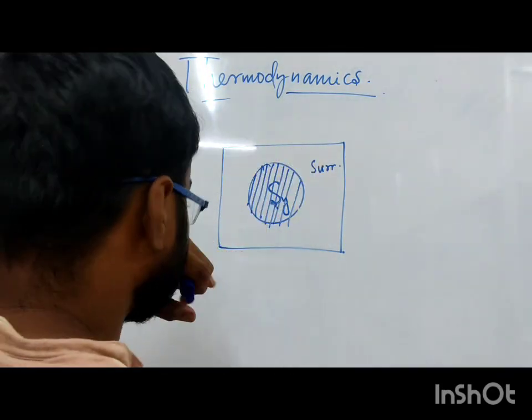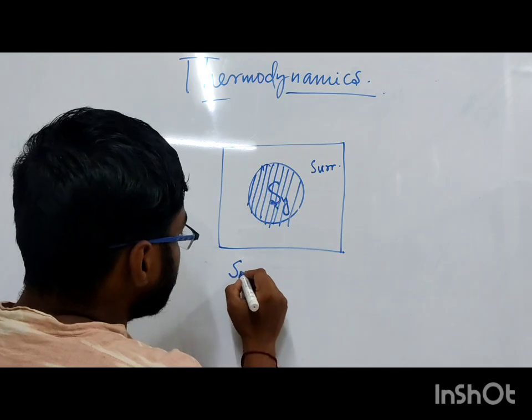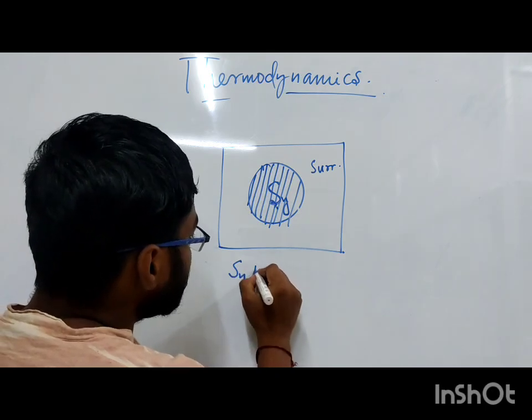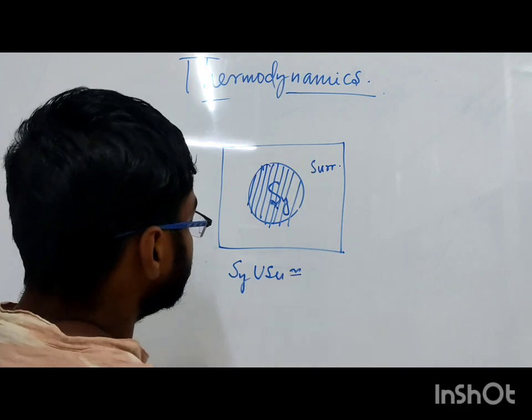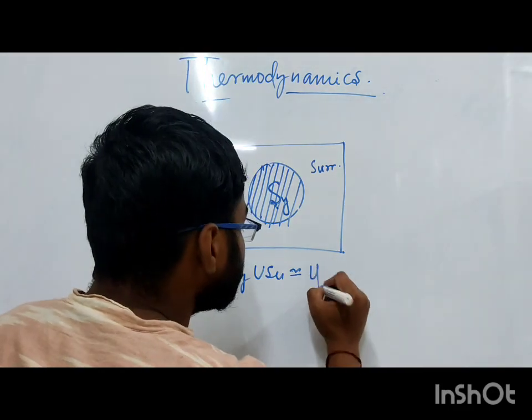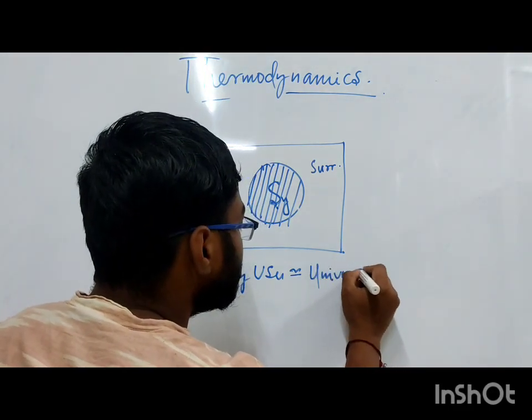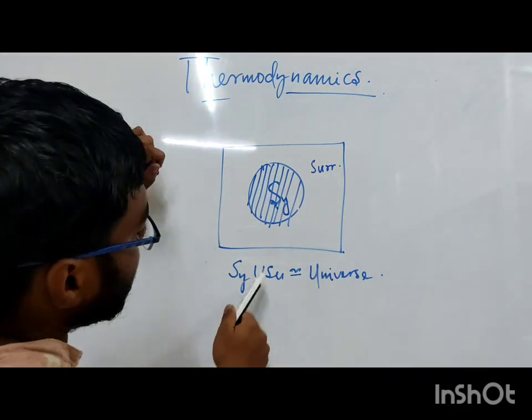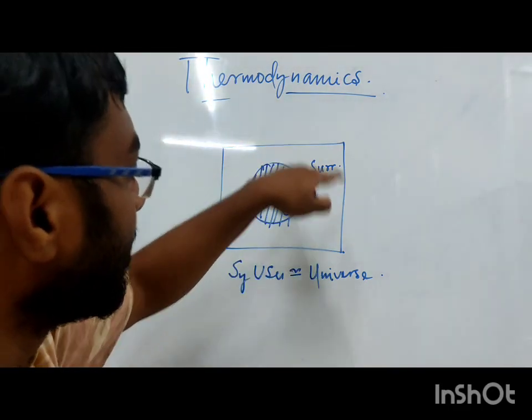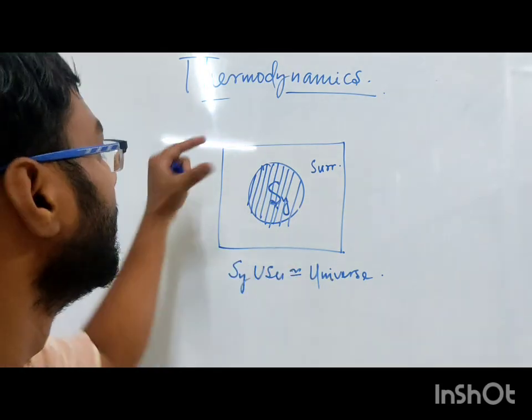From the Venn diagram we can easily identify that system union surrounding should be equal to the universe. If we make the union of system and surrounding, then we get the whole universe as a whole set.